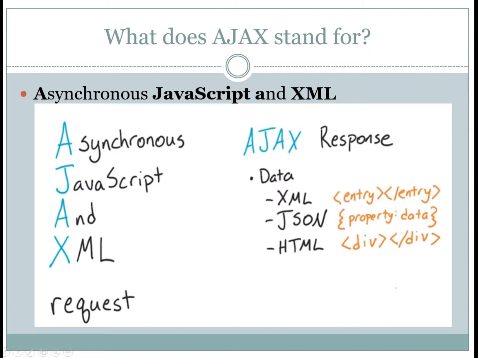But today, JSON is much more popular. In fact, most AJAX requests nowadays are actually a GET request, standing for asynchronous JavaScript and JSON request. But it doesn't sound as nice, so we still just call them AJAX. Embedded within AJAX responses, it's pretty common to see HTML, which websites can use to fill in part of a page.